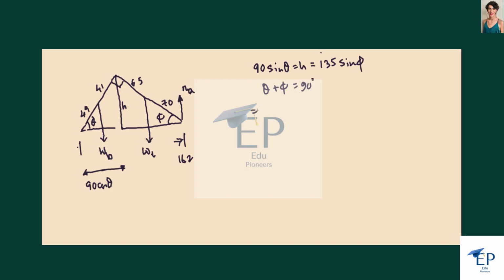So from here we can solve and we can find that theta is 56.25 degrees and phi equals 33.75 degrees.